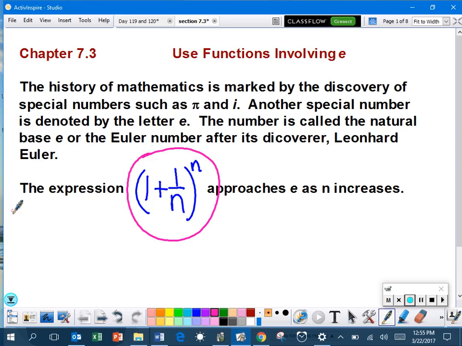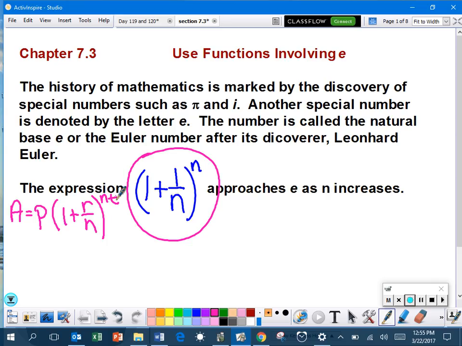If you remember the compound interest formula, the amount equals the principal times (1 + r/n) to the n times t power.